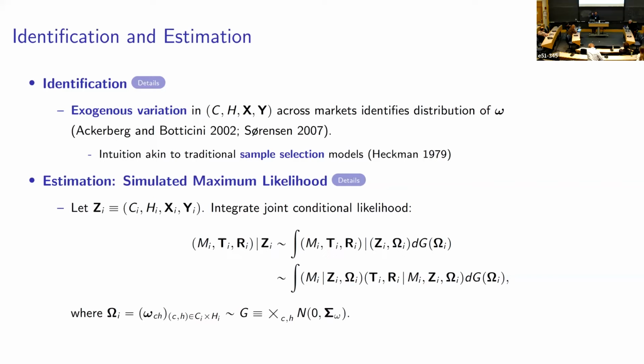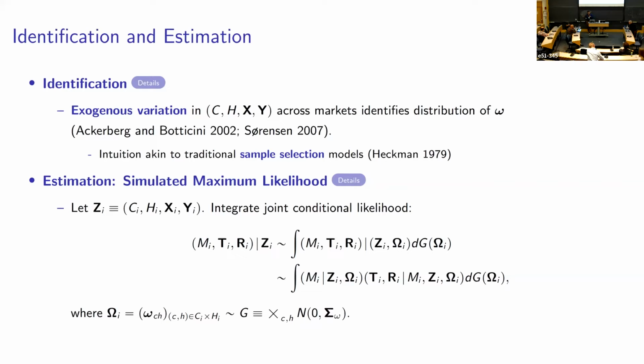And the intuition is very akin to a sample selection model in terms of Heckman, right? So we need something that affects the probability of you being matched to a foster home that does not affect your outcome. And that is who else was placed on that same day. So if there are many children being placed on that same day, or there were different homes with different characteristics, similar to me, different to me, that's going to change my probability of being assigned, but that doesn't have anything to do with my outcome.